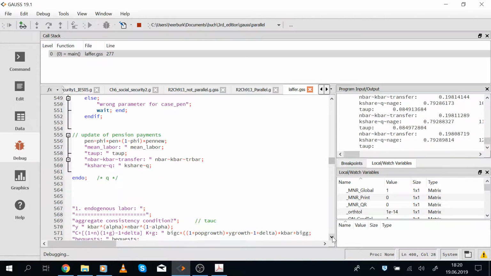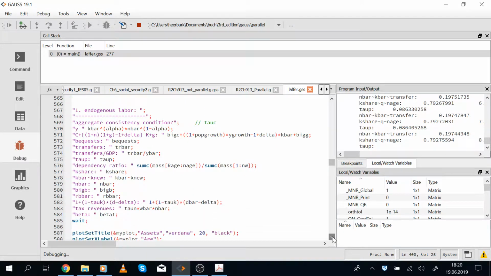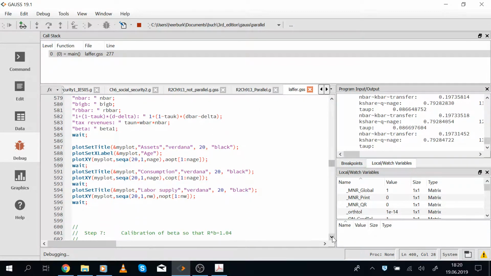So we use an updating scheme for the aggregate variables, for the aggregate capital stock, for the social security contribution rate tau p, and for pensions and aggregate labor and so on, and the K share, the share of capital and total assets. And when we have finished with this computation, we display the individual policy functions for the assets, consumption and labor supply over lifetime and working life respectively.